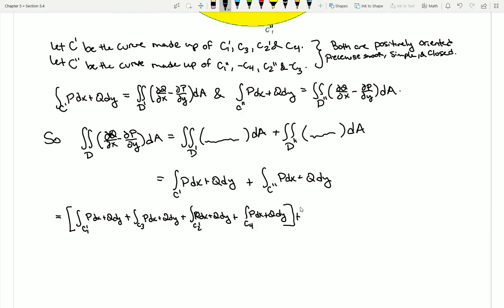Now, in a very similar way, I could try to break apart the other guy. I'm going to have to try to squeeze this in here.